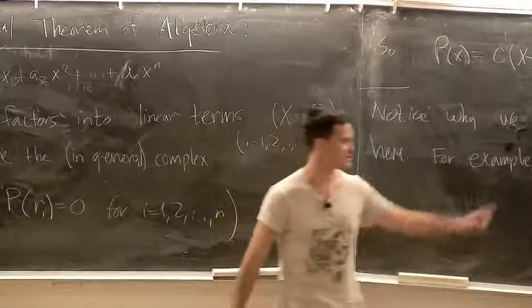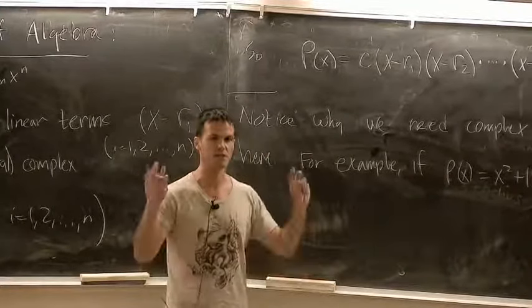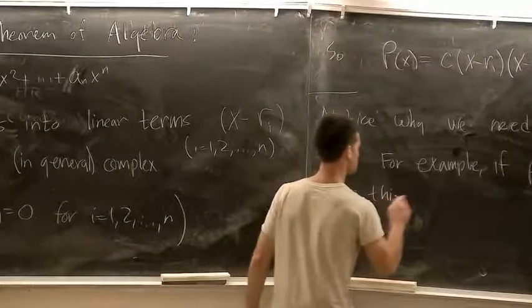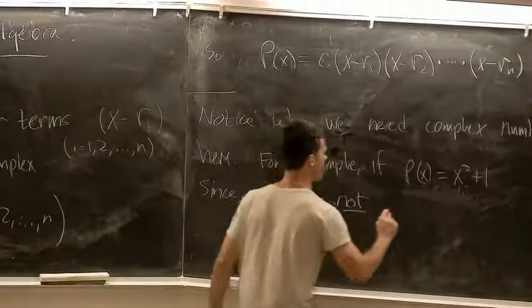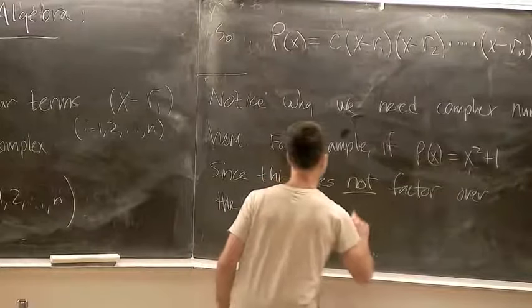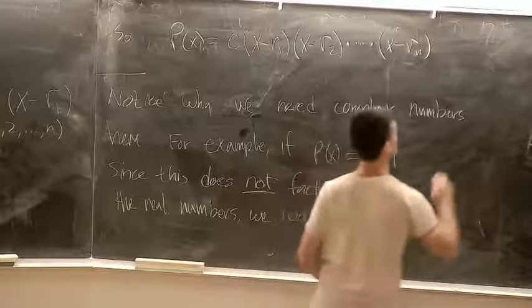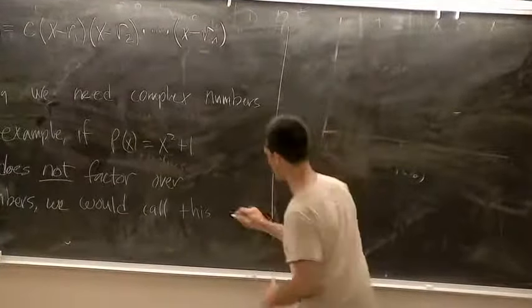Without complex numbers, you cannot factor this anymore. You're done. Since this does not factor over the reals, we would call this irreducible.